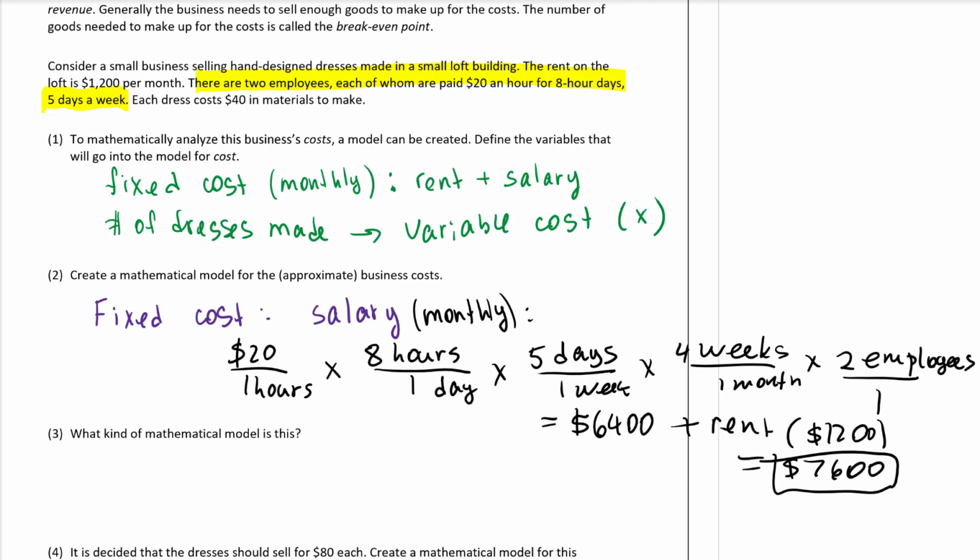The variable cost right here is not fixed, it's X. So the variable cost is going to be $40 for every dress. But it's not one dress, it's not two dresses, it's three. You see, it depends. That's what a mathematical model helps us to define. We can express that as an equation. We'd say it's $40 multiplied by X for each dress.